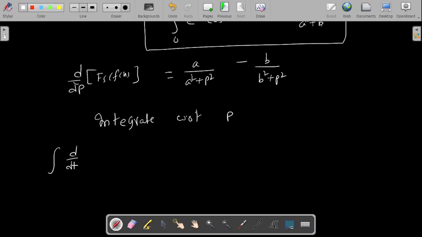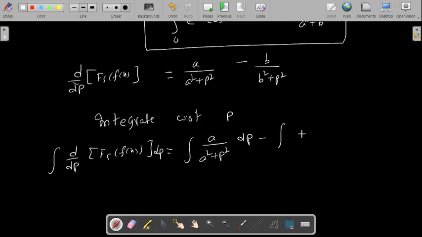Integral d by dp of Fs of f of x is equal to integration with respect to p: integral a by a square plus p square into dp minus integral b by b square plus p square into dp.